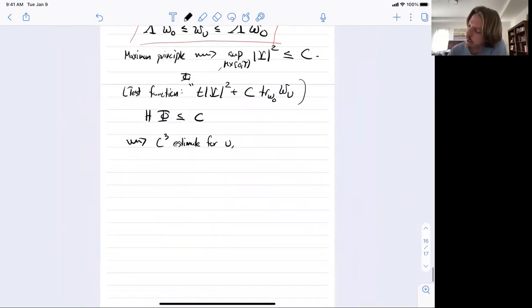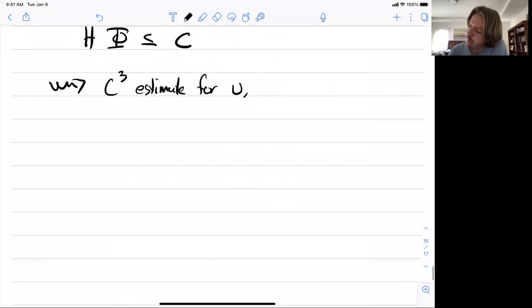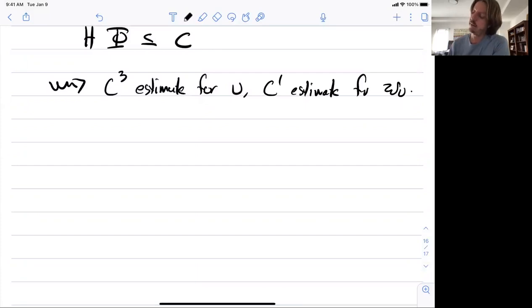So I guess it's getting a bit late, but maybe I'll just wrap up in a few words. This is a C3 estimate for u, or equivalently a C1 estimate for omega u. And here you can appeal to various ways to complete the proof. You can apply the classical Schauder estimates.